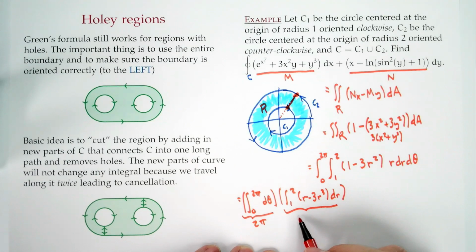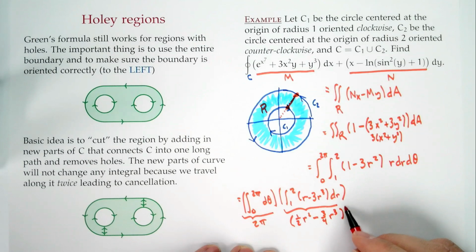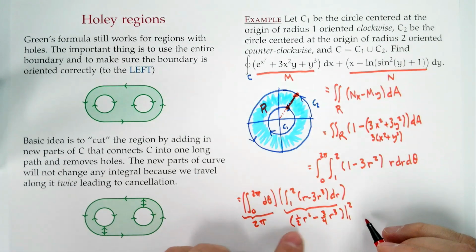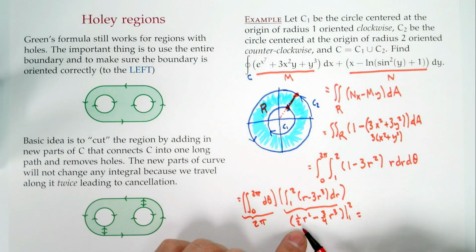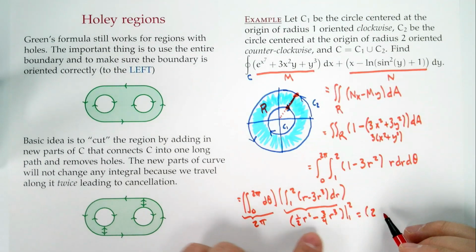That's going to be 1/2 r squared minus 3/4 r to the fourth, and we're going to evaluate from 1 to 2. So just this part here, we put in 2. 1/2 times 2 squared, it's 1/2 times 4, which is 2.